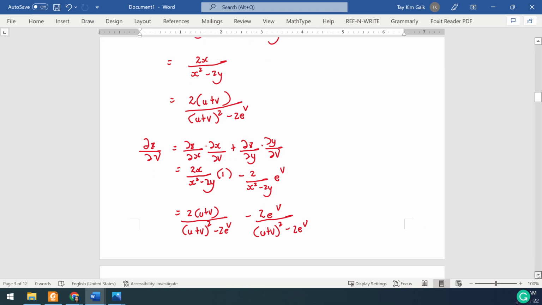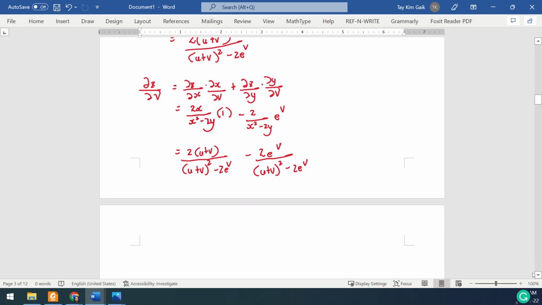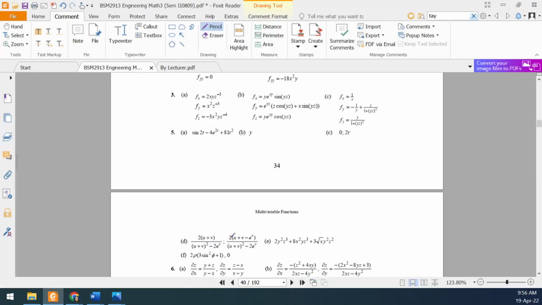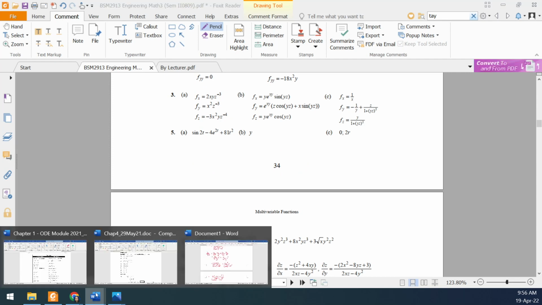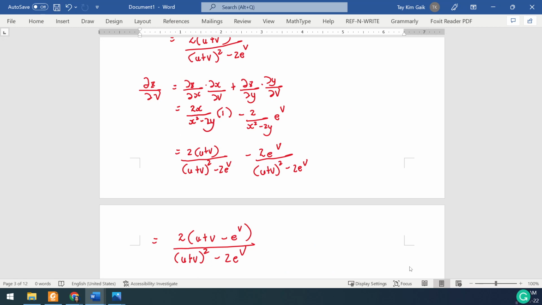Okay, we can collect the denominator together. So we get 2 times u plus v minus exponent v divided by the same denominator, so collect together become one quotient function only. So u plus v squared minus 2 exponent v. Okay, check back just now, the two denominators are the same, u plus v minus exponent v. Yeah, so this is question 5d from Siti Aisha.